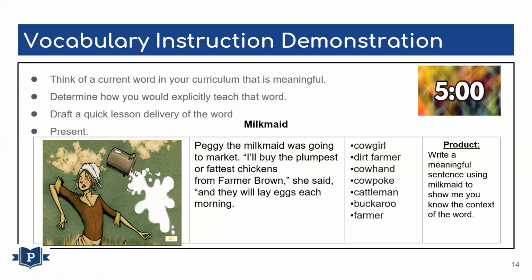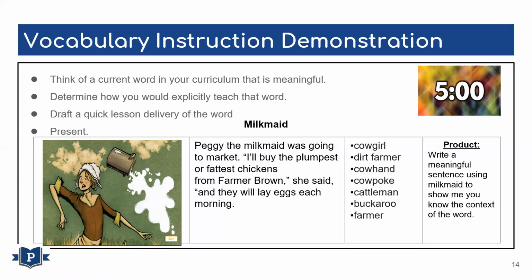So not only does she milk the cows, but she helps on the farm with other farming needs. And then she's going to help with collecting the eggs that the chickens have laid.